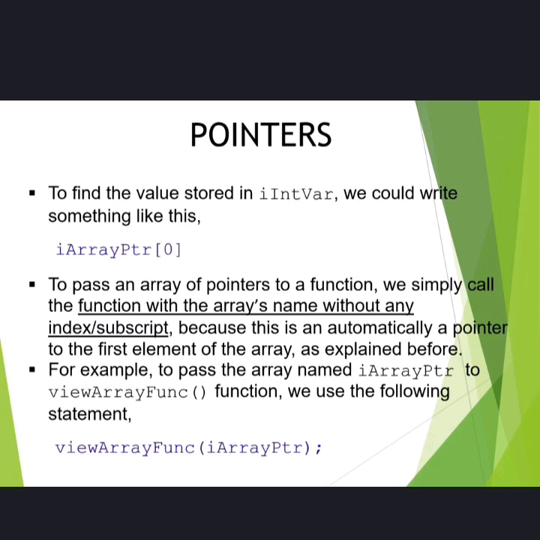To pass an array of pointers to a function, we simply call the function with the array's name without any index or subscript, because this is automatically a pointer to the first element of the array, as explained before. For example, to pass the array name IArrayPtr to the viewArray function, we use the following statement.